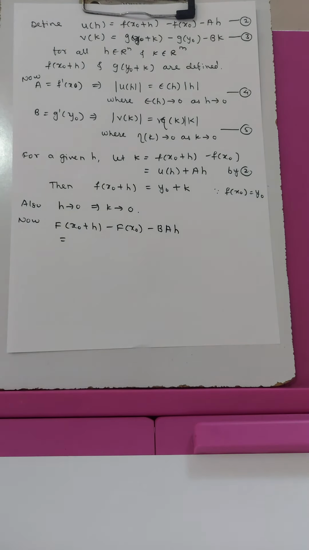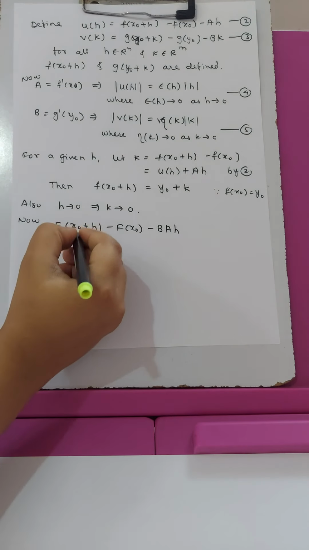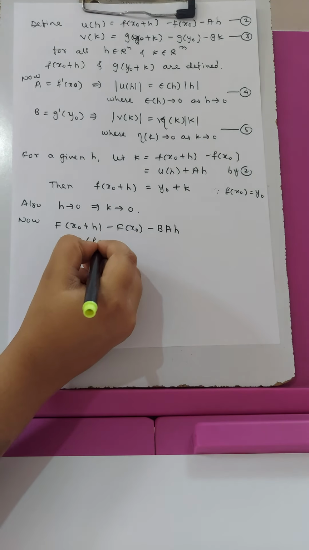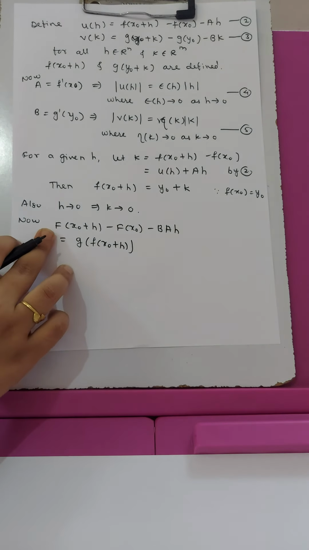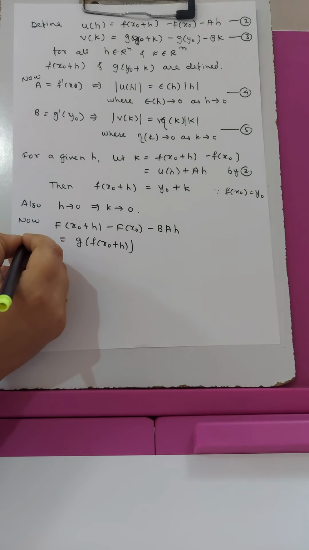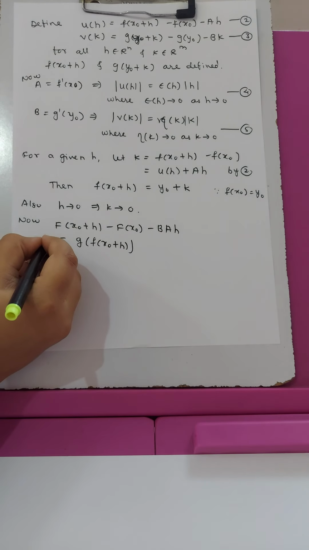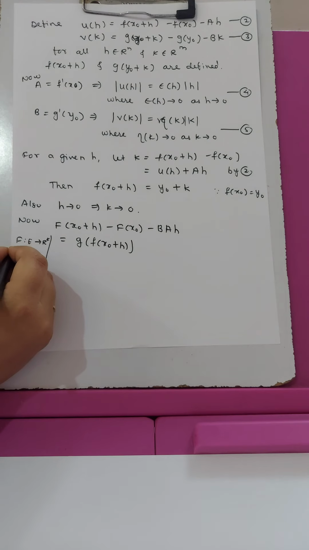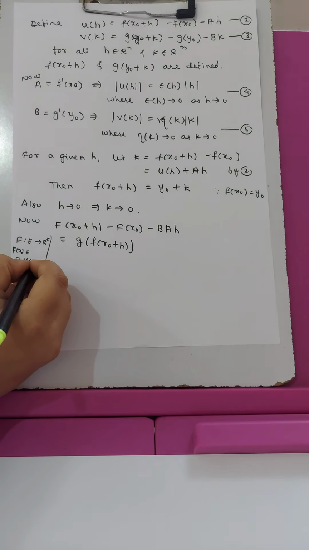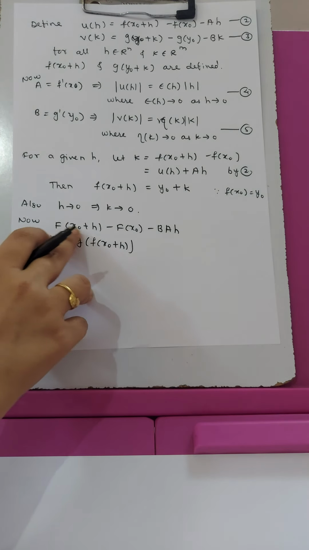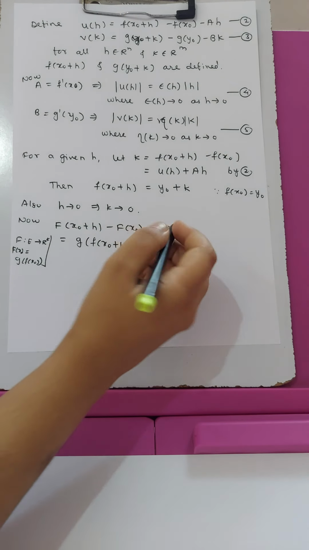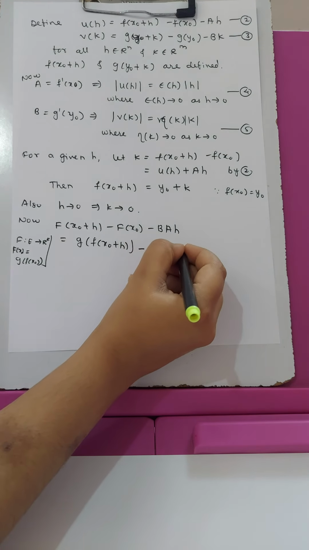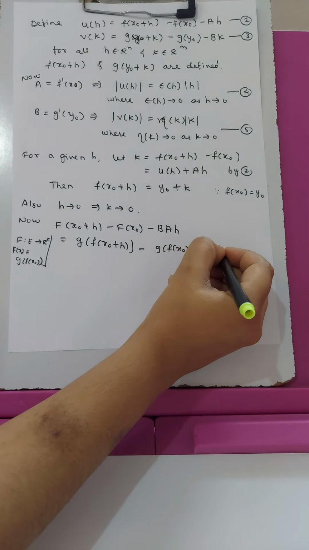We know that this composite function, defined from E to Rk, is g of f of x0 plus h, so it becomes g of f of x0 plus h minus g of f of x0 minus BAh.